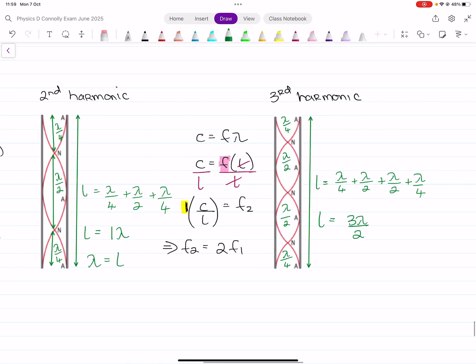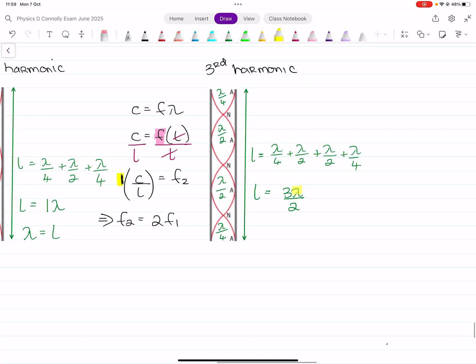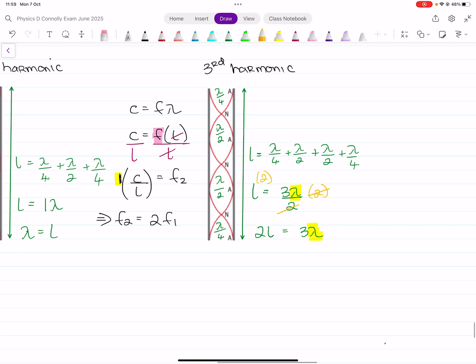Right, we're going to try and isolate this. So we'll multiply by 2 to cancel the divide by 2 and multiply by 2 on the far side to balance. So 2L equals 3 lambda. And still want to isolate lambda, so we'll divide by 3.